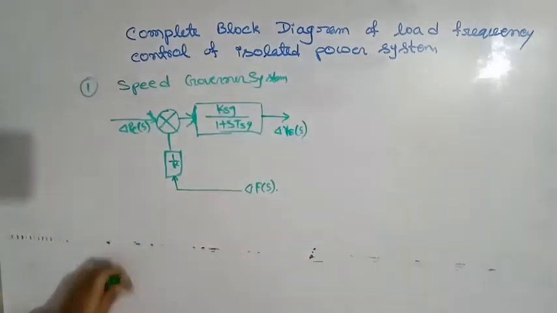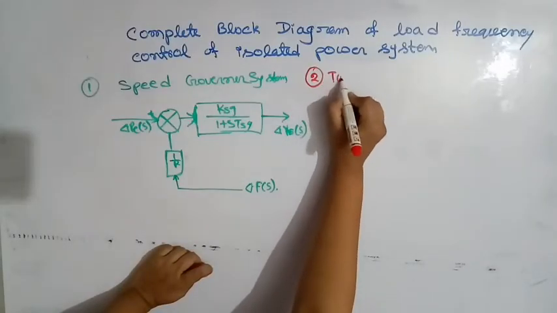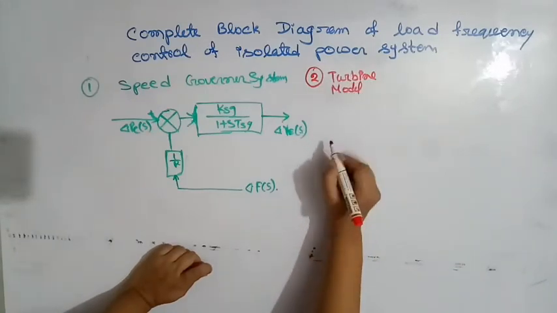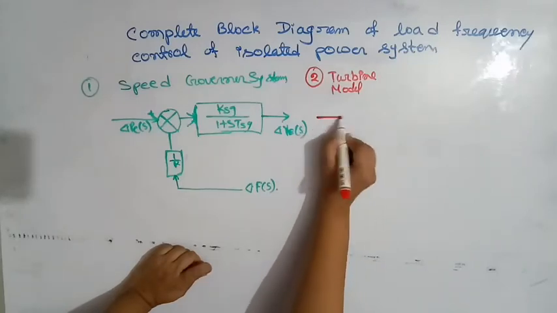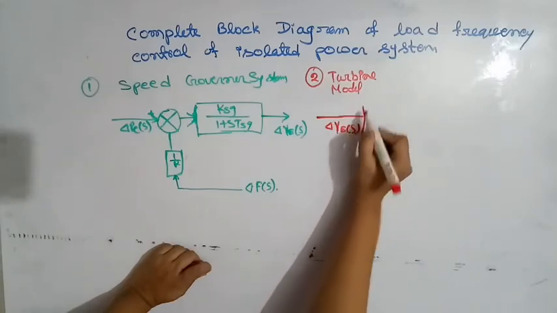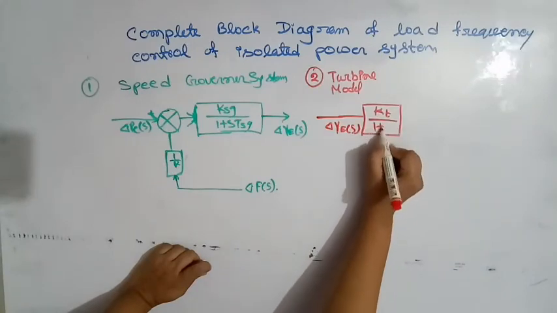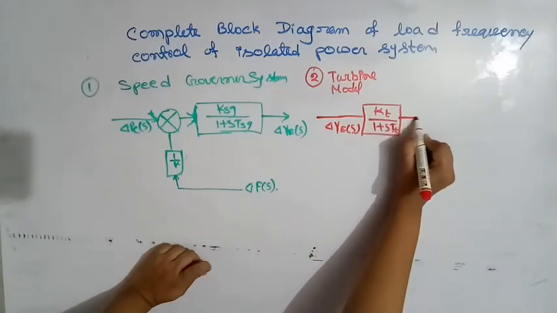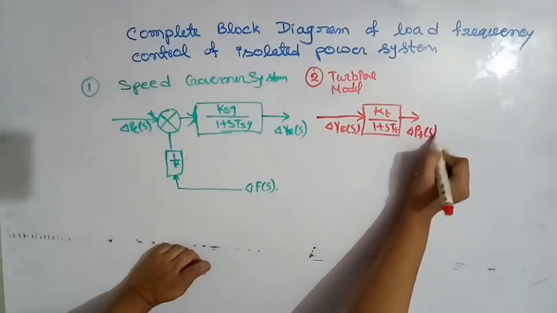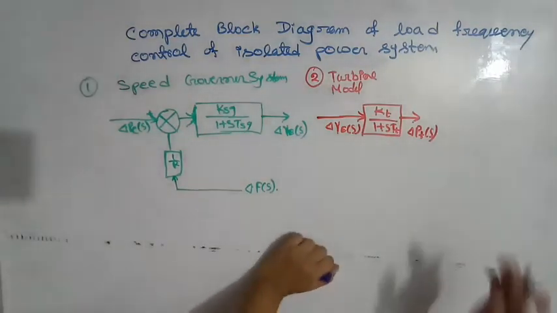Next we model the turbine. Turbine model: the input is delta YES, gain is KT by 1 plus STT, and the output is delta PTS. Next, the generator model.